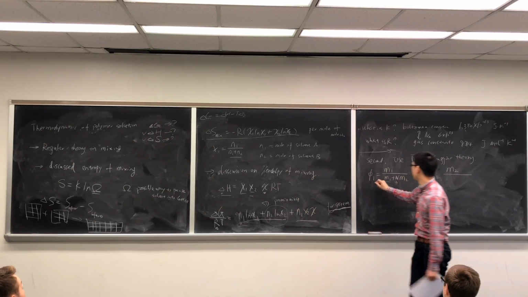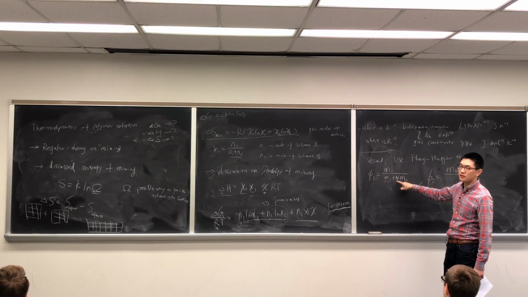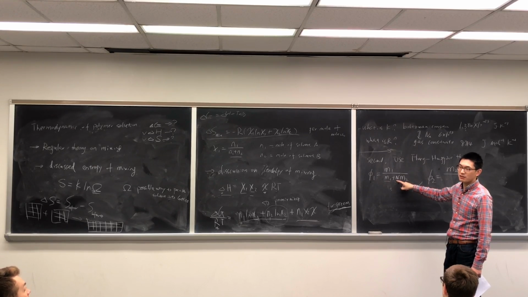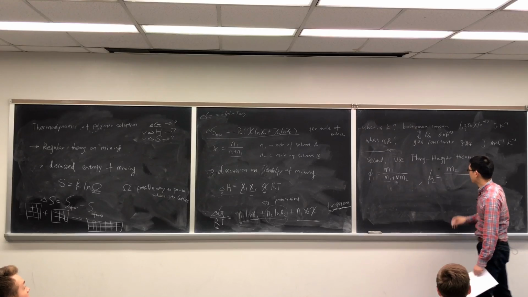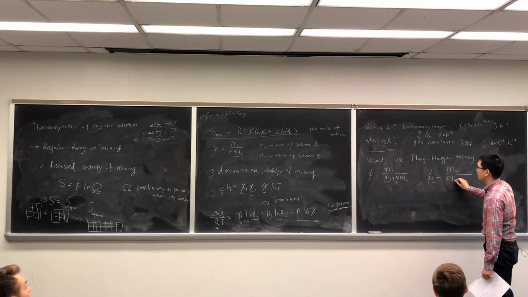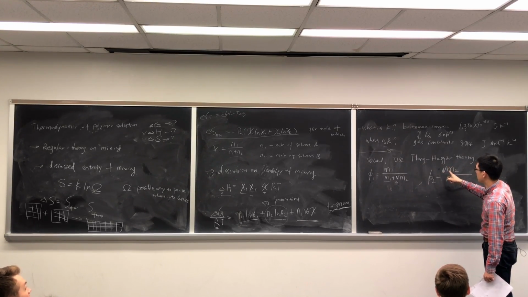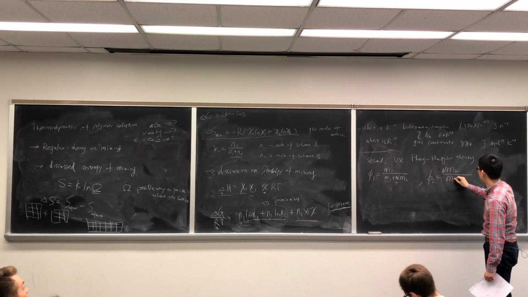So that's where for phi 1 you need to consider the N term, where N is the degree of polymerization, or how long your polymer now is. And phi 2 will be N M2 divided by the same denominator.